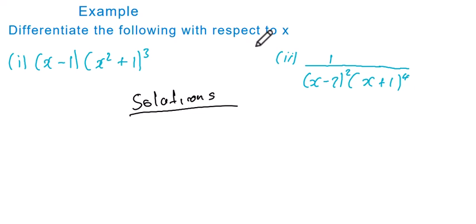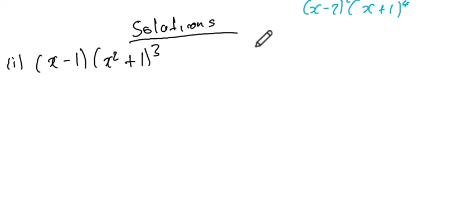We start with the first question. We write x, open bracket, x minus 1, close, then open the bracket, x squared plus 1 to the power 3. Under this particular question, we're going to let u be equal to the first function, which is x minus 1.